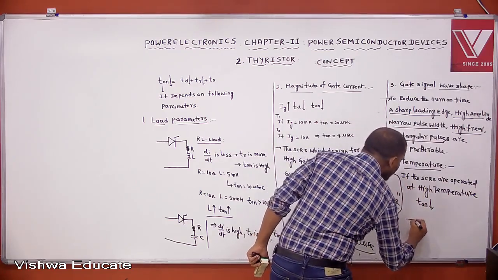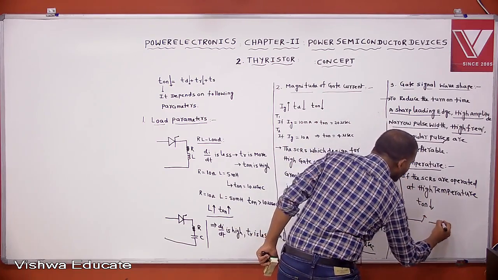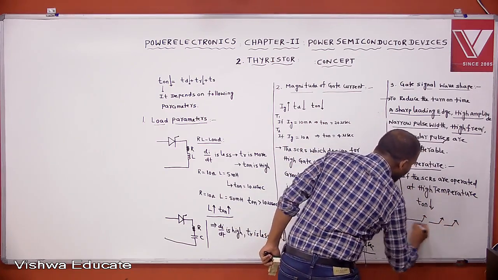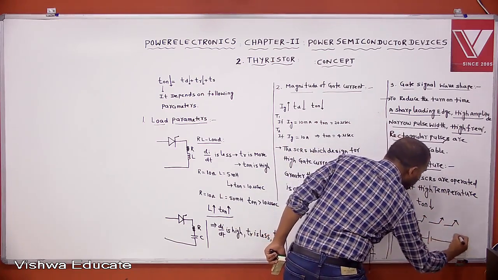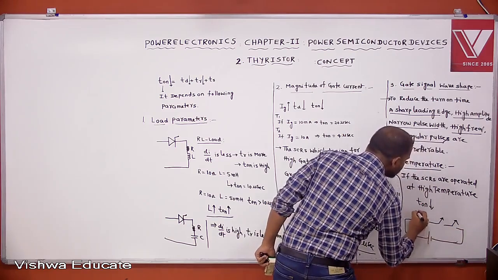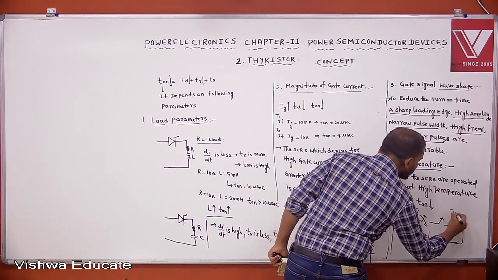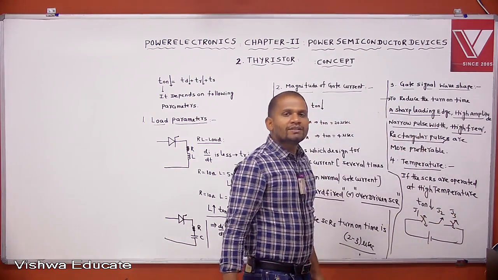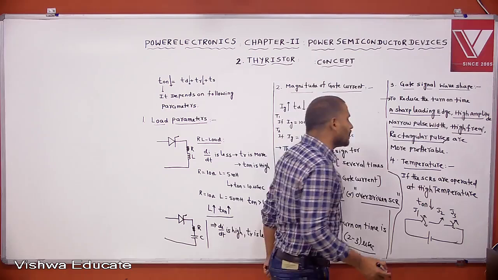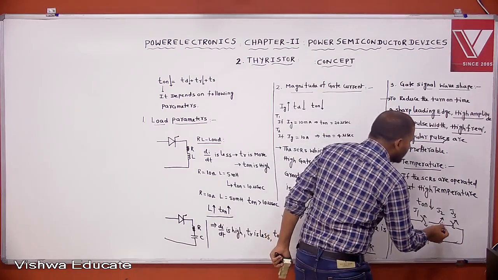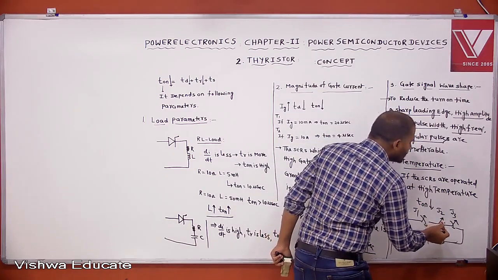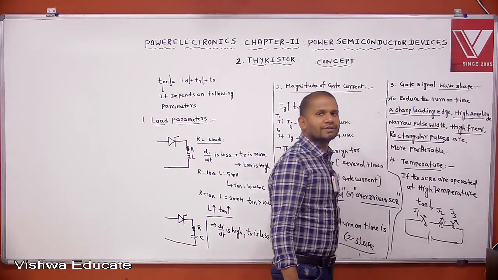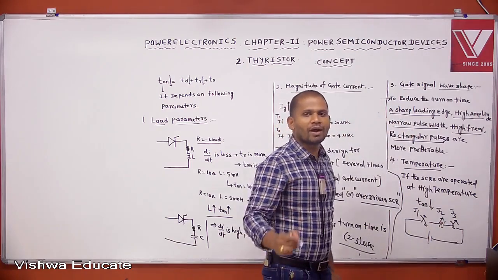We know that if the SCR is under forward blocking mode, this is J1, this is J3 and this is J2. If the SCR is operated at high temperature, because of high temperature, is it having more number of charge carriers or less? More number of charge carriers.